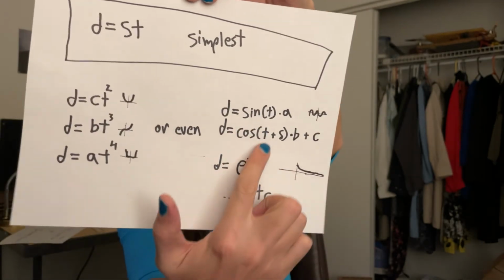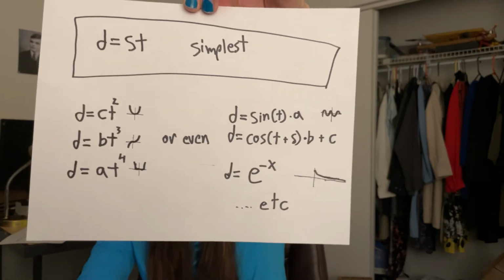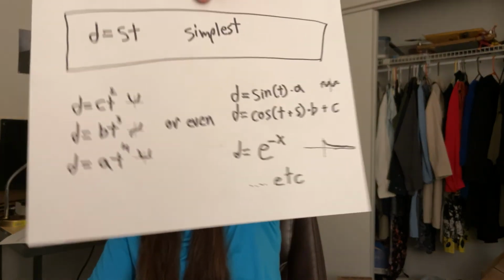We also have trigonometric functions, sine and cosine, and exponentials, all of which are extremely useful. We would like to be able to use them to model reality, but these are not straight lines.